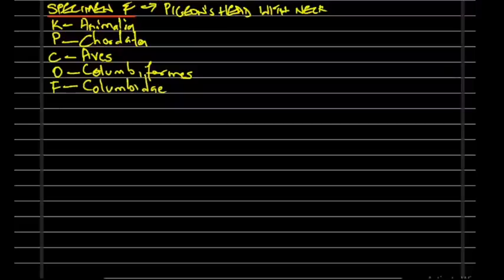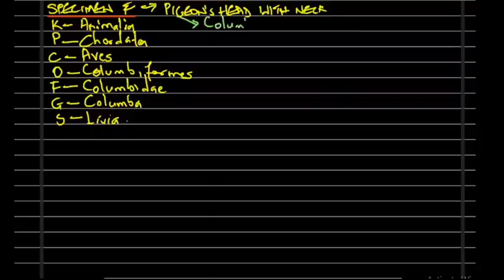Then we have the genus to be Columba. And then the species is livia. So the scientific name automatically becomes Columba livia. That is the scientific name.